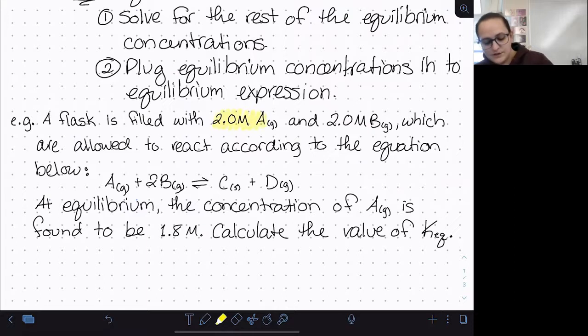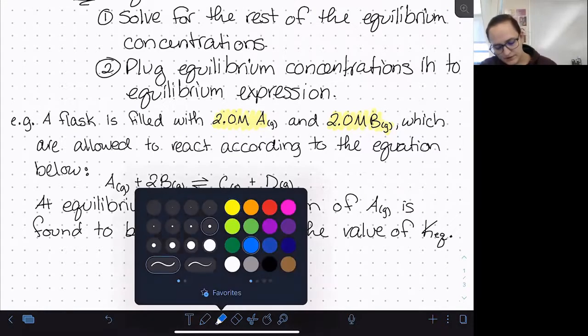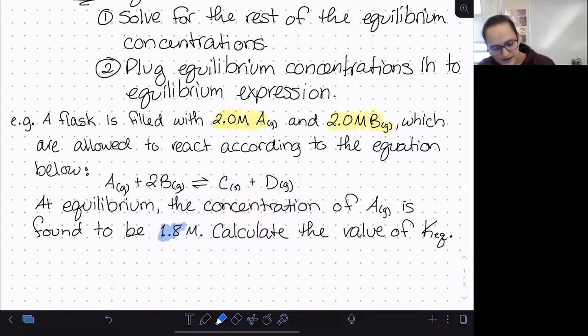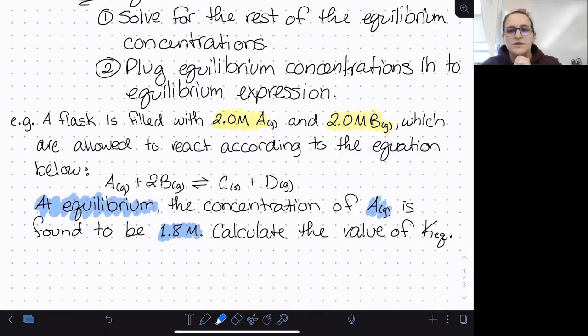So we're told that we start with 2 molar A and 2 molar B. But now you are also told that at equilibrium, the concentration of A is found to be 1.8 molar. That one piece of additional information is going to allow us to solve our ice table for the value of K. So let's set our ice table back up.